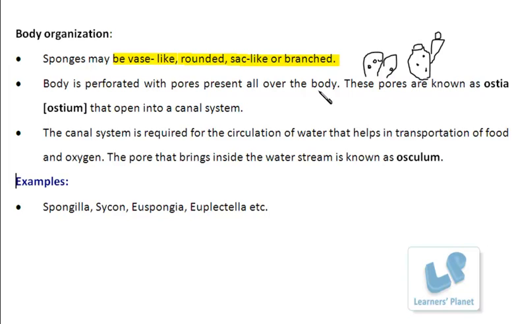Now these pores which are present here are known as ostia, and ostia is a plural form. A single pore is known as the ostium, and all these pores open together into a canal system. So water can be circulated from these pores into the spongocoel and all over its system, right?